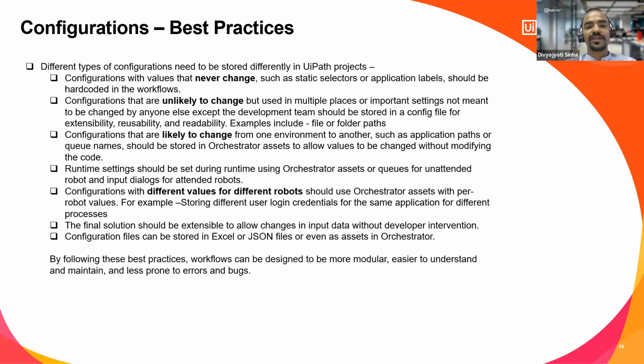We recommend that config parameters which are unlikely to change, you can store in the config file. And configurations which are likely to change, like some URL parameter or credentials, you can use orchestrator assets for storing those parameters.